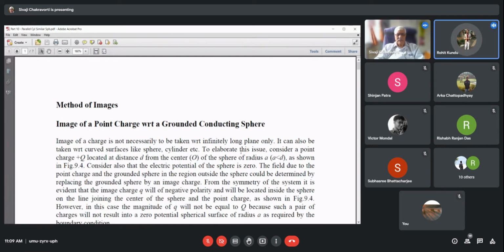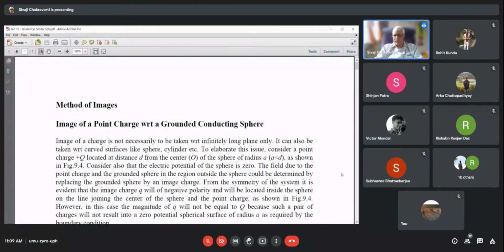Sir, 3 to 30 volts. 3 to 30 volts. Any other idea? Well, nowadays you have very good switches. 3 to 30 volts is for very low voltage switches, typically used in electronic circuits. But in power circuits, we can even go up to 3 kV. They are available. But still 3 kV is not 33 kV. So then we have a problem in our lab.